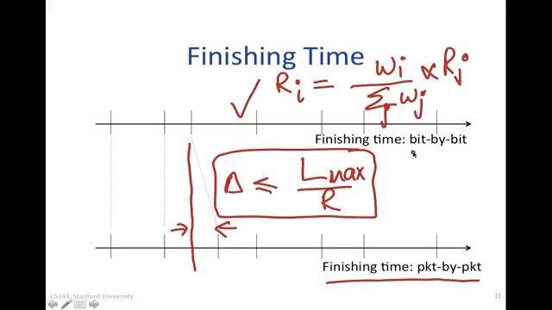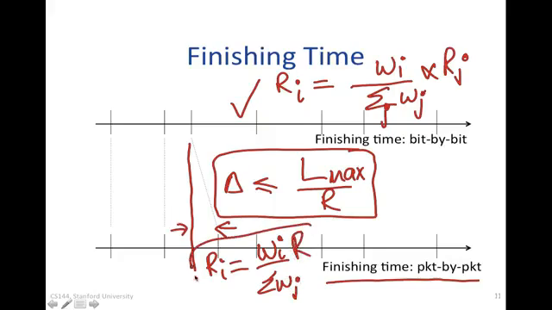They'll just be jiggled around a little bit. There'll be a little variance in the actual departure time, but measured over a long period of time, under this packet-by-packet scheme, R of i will be the same as it was before. So it'll be Wi divided by the sum over Wj, times R. So this will accomplish exactly the rates that we want.